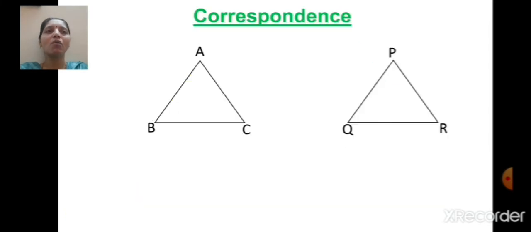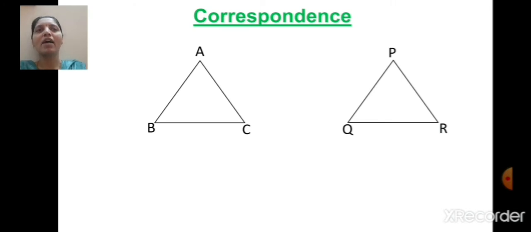One more thing you have to understand is correspondence. What is correspondence? Correspondence is nothing but the matching or pairing of the vertices of the given two triangles. Here I have shown triangle ABC and triangle PQR, and you have to find the pairing of the vertices.